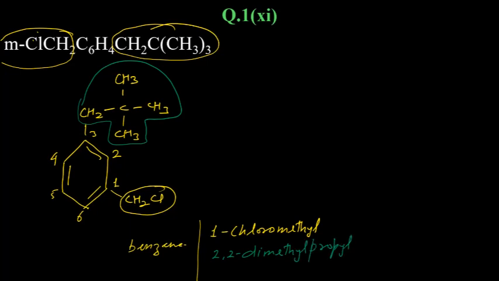I'm not saying propane because it is an alkyl group, one carbon less. So the name will be 1-chloromethyl, then 3 in brackets 2,2-dimethyl propyl benzene.